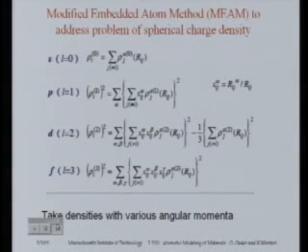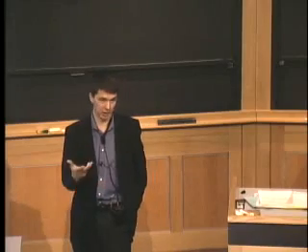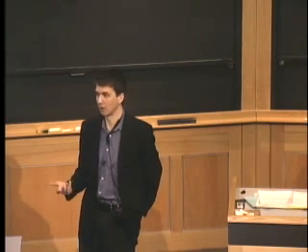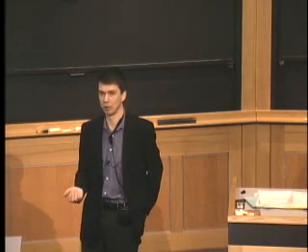MEAM is not nearly as popular as the standard EAM because it adds a level of complexity to the method, and it's not totally clear that you're making things work because the physics is better or you just have more fitting parameters. Mike Baskes originally developed MEAM to work on silicon, where angular dependence clearly seems to play an important role. Yes, sir?